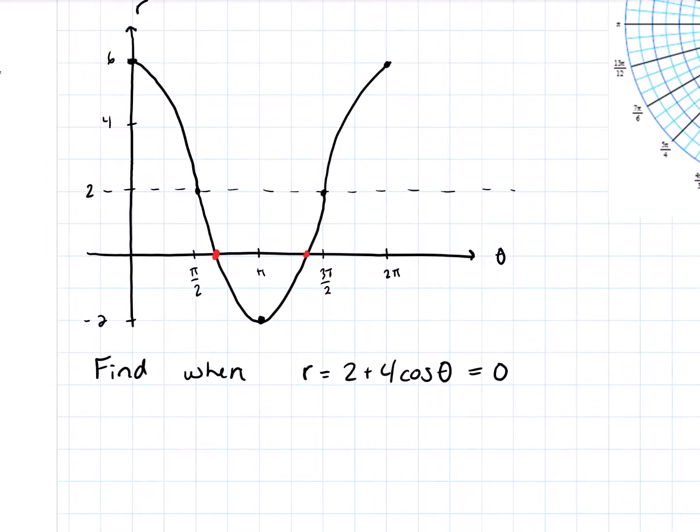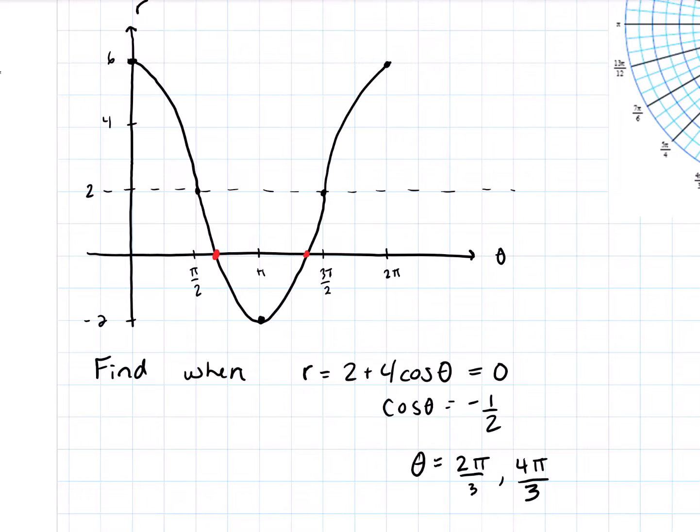When do we actually hit that theta axis? When is the r value equal to 0? That's going to happen when the cosine of theta equals negative 1/2, or when theta is equal to 2 pi over 3 and 4 pi over 3.